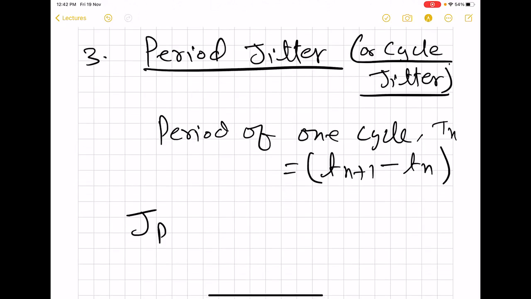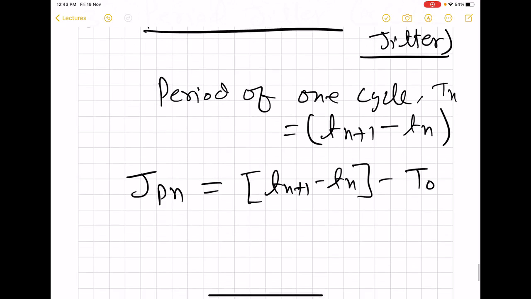So period jitter is calculated as period of non-ideal clock minus the period of ideal clock. So this will also give the idea of how much deviation of the non-ideal clock cycle occurs with respect to the ideal clock.